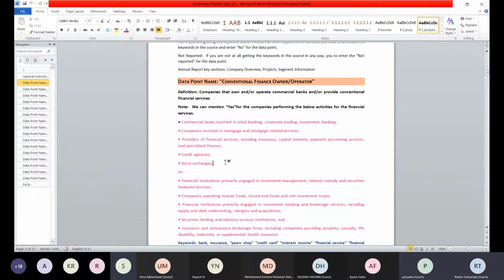If any company is performing these activities like retail banking, corporate lending, investment banking, or providing mortgage services or mortgage loans, in all these cases we can mark the data point as yes, since they are providing all these services, so they are conventional finance owners. Any doubt in this? Have you understood the concept of when we can mark yes?